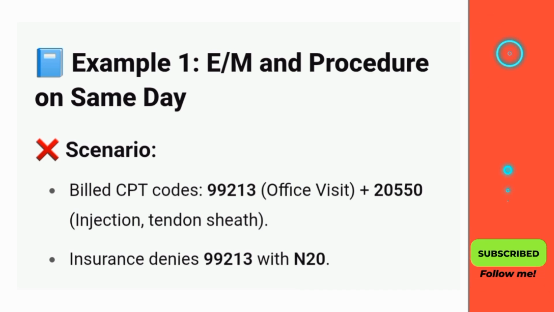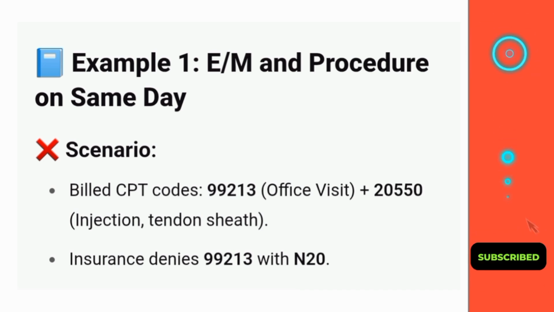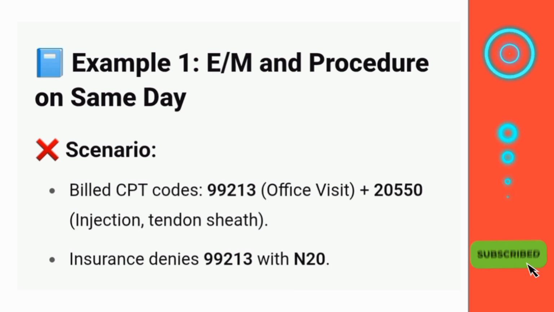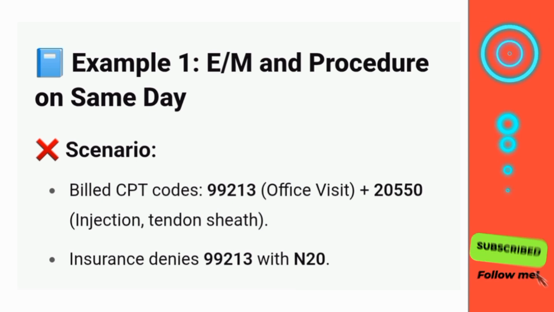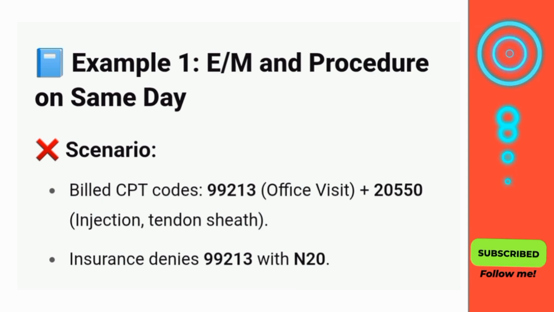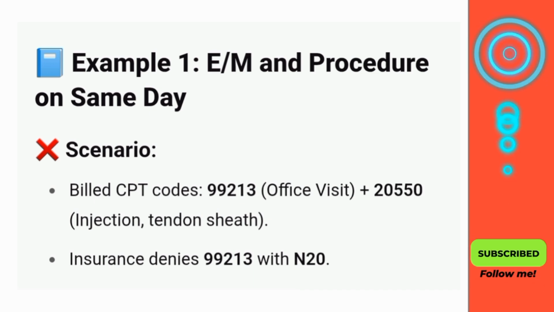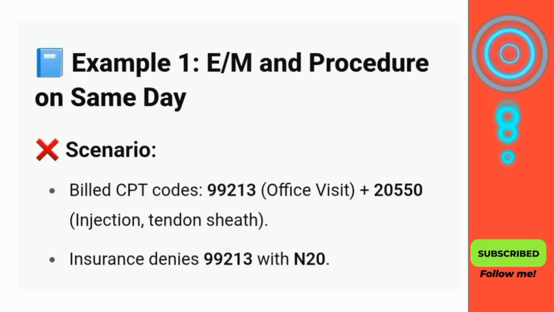So the insurance denied code 99213 with N20. Now you can see we billed the two procedures 99213 and 20550 without adding a modifier, and the insurance processed and adjudicated the claim and denied 99213 as unbundled.